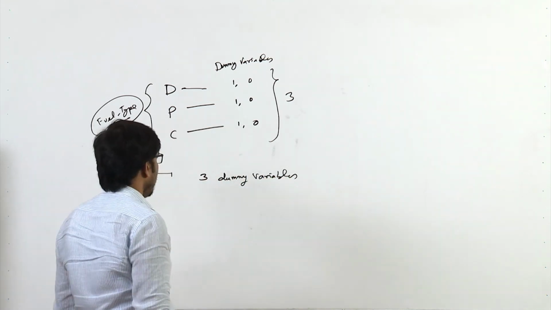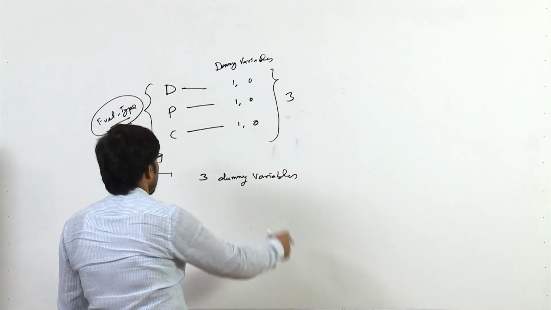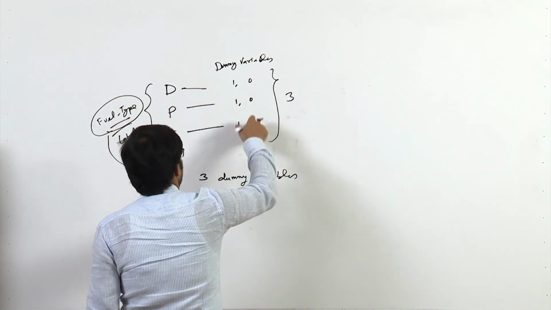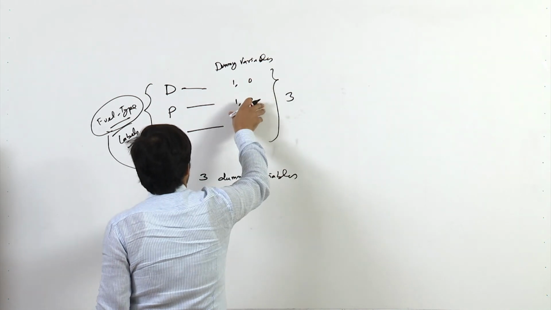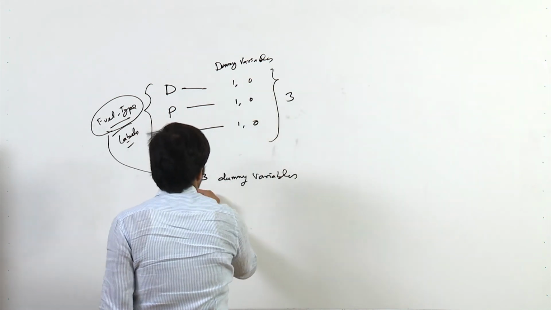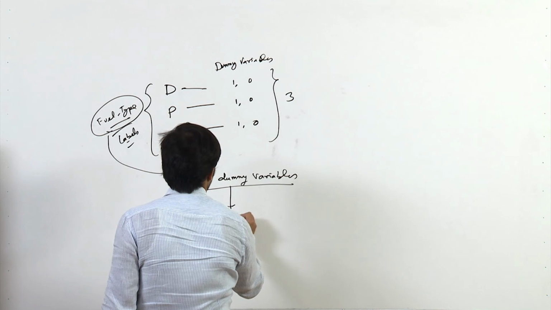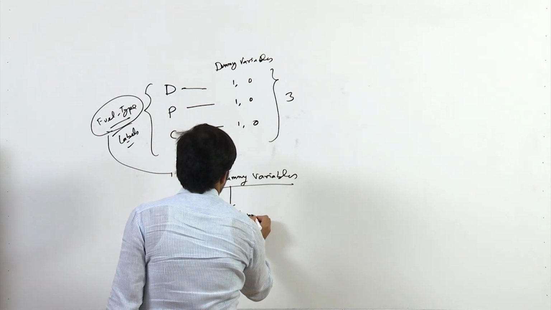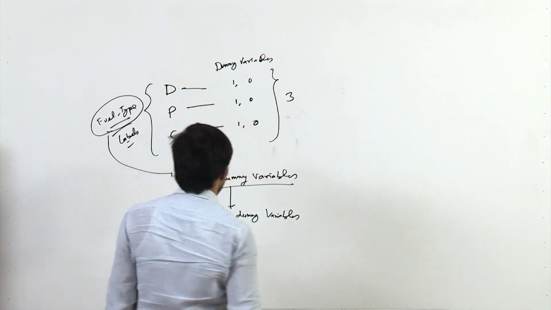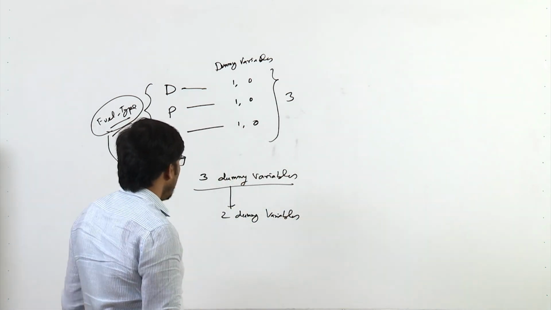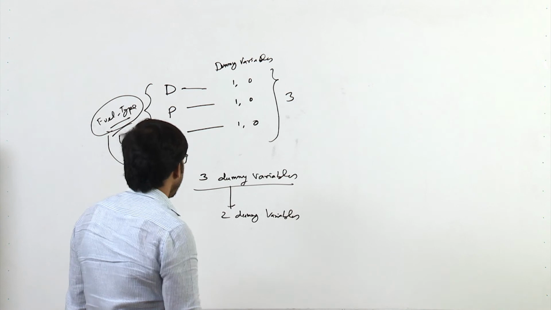But if we have information on any 2 variables out of these 3, then the other variable's information is automatically known.